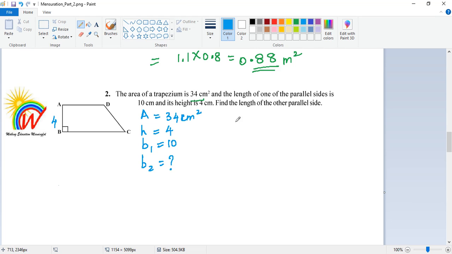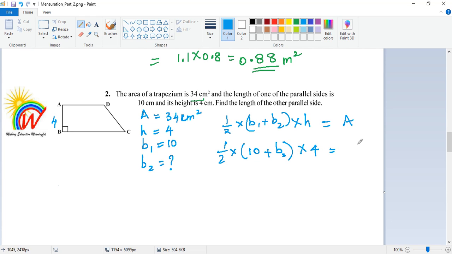Okay. So we know that area of a trapezium is half into B1 plus B2 into height. Right. This is your area. So you can write half into B1, you can write it as 10, B2 we don't know, so we'll write it as B2 itself, into height we'll keep it as 4, is equal to area is 34. Okay. Now you see I can actually cancel 2 2s are 4.